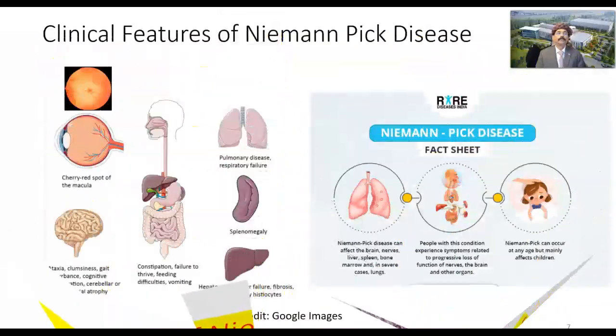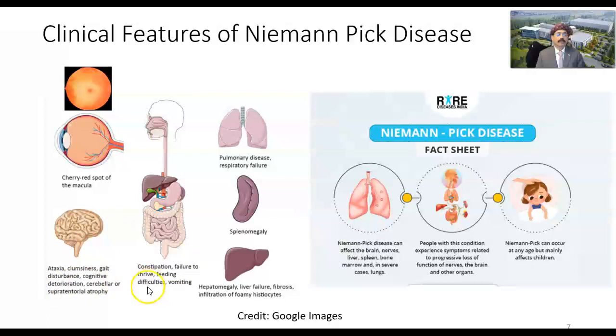These are the two pictures you can remember better. The cherry red spot on the macula. This is the cherry red spot. Here: ataxia, clumsiness, gait disturbance, cognitive deterioration, cerebellar or supranuclear atrophy. That happens: our gyri will be depressed and the sulci will be widened because of the atrophy of the brain, because brain neurons are damaged.